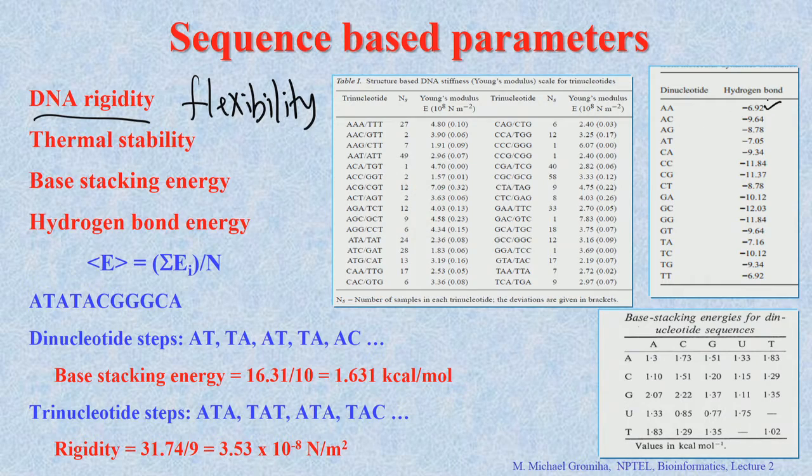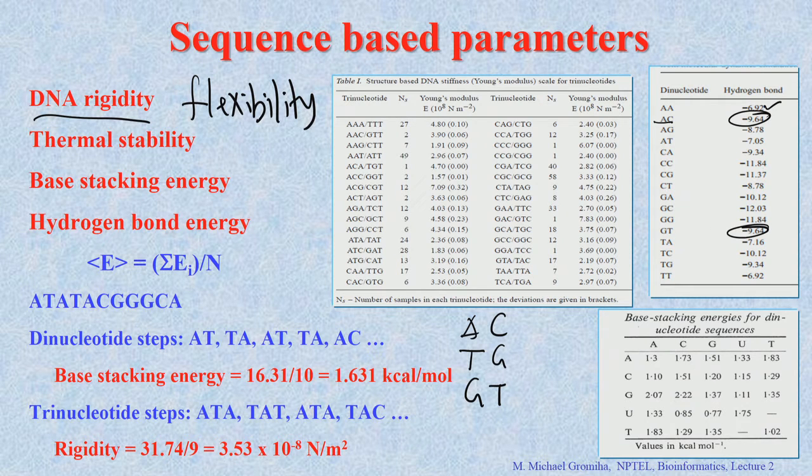For example, if you see AA, and CA is similar to... if it is AC, what is the complementarity? TG. If you take the reverse, GT. So, if you see the AC and the GT, they both are the same.